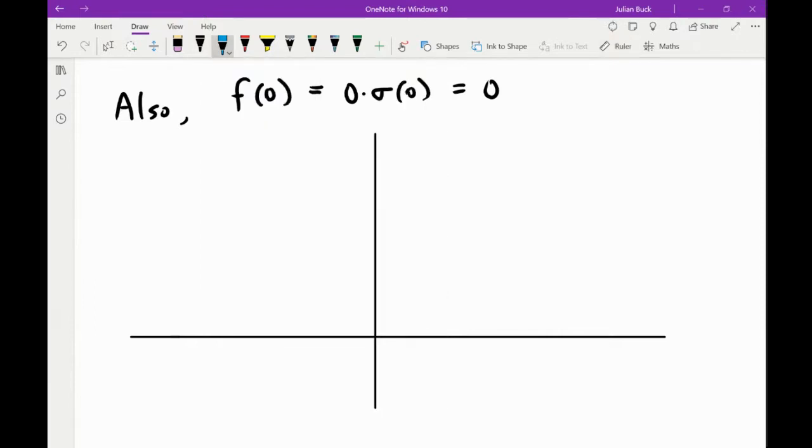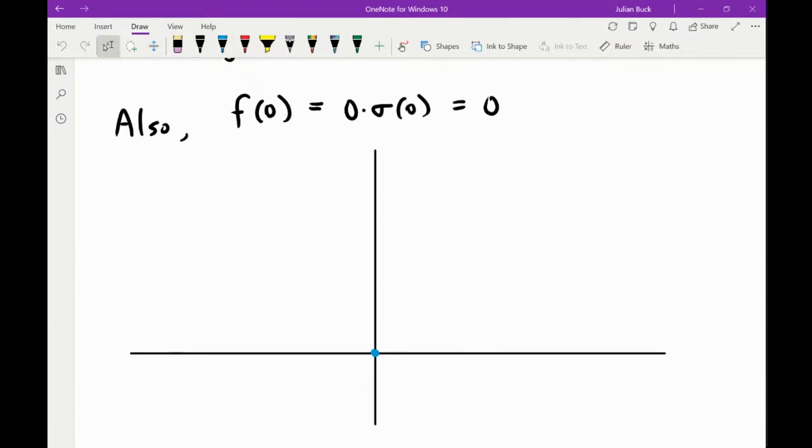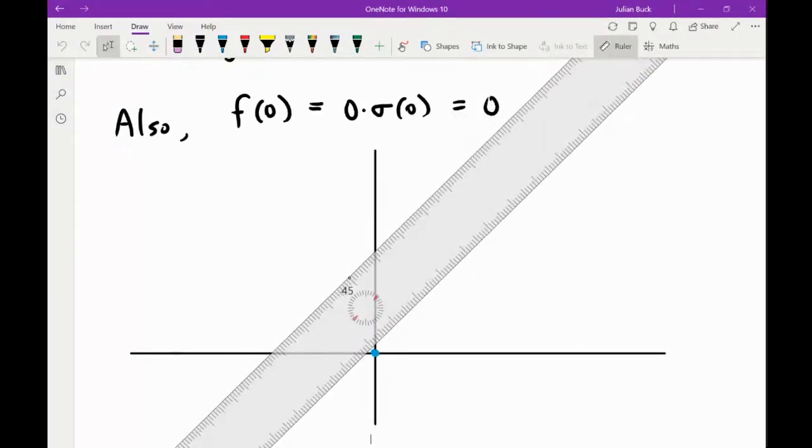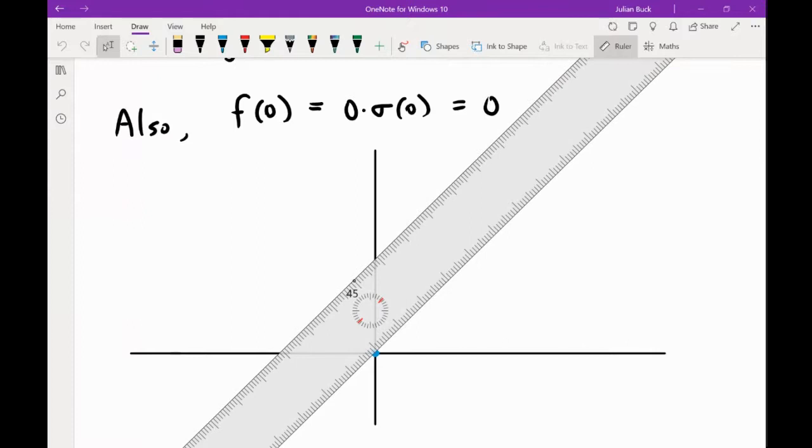All right, so it passes through the origin, and then it has roughly a slightly exponential behavior that then levels off. So it's not quite a 45. In particular, it's below. Let me just put the ruler here. I'm not going to draw a line, but just for context, that's roughly where the 45-degree line would be.